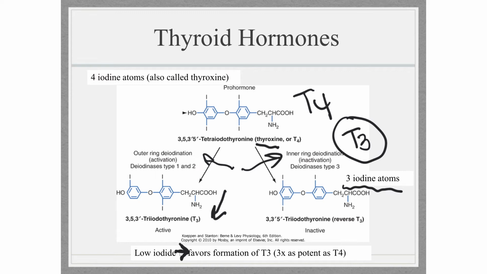T3 is 3 times as potent, which means its strength, so 3 times stronger than T4, because T4 has to be modified into the active T3, whereas T3 is active right away. It can go bind to tissues and have thyroid type effects.